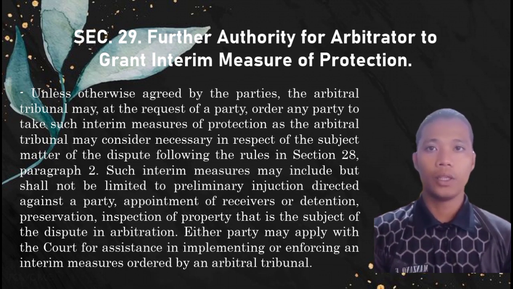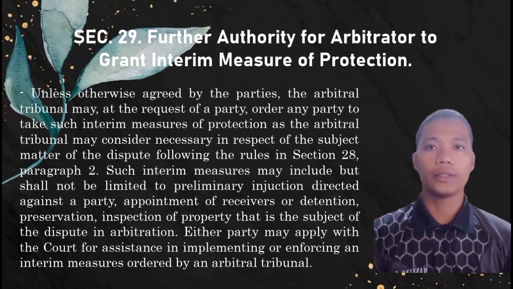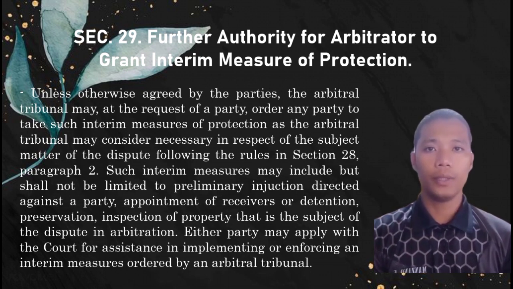Number 5. Application for court assistance. Either party involved in the arbitration has the right to apply to the court for assistance in implementing or enforcing an interim measure ordered by the arbitral tribunal.